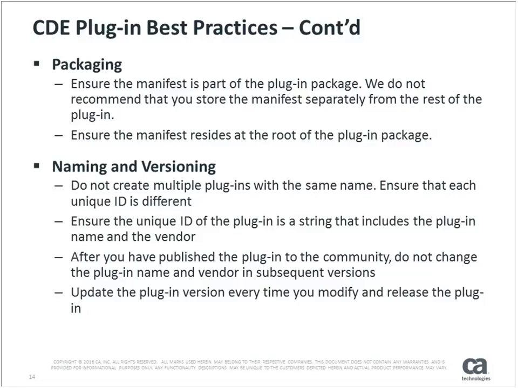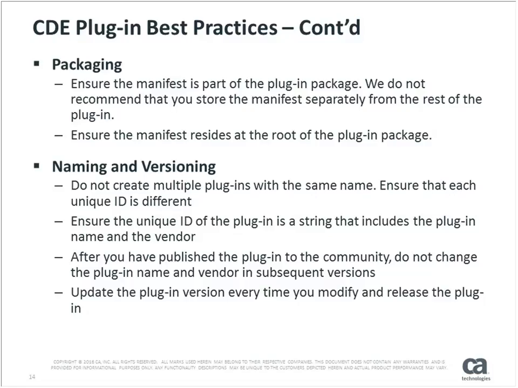Naming and versioning, this is just typical software development best practices. Don't create multiple plugins with the same name. It has happened. Ensure that each has a unique ID. Remember what I was emphasizing when I was showing you a typical JSON implementation that you saw there. Keep it separate.